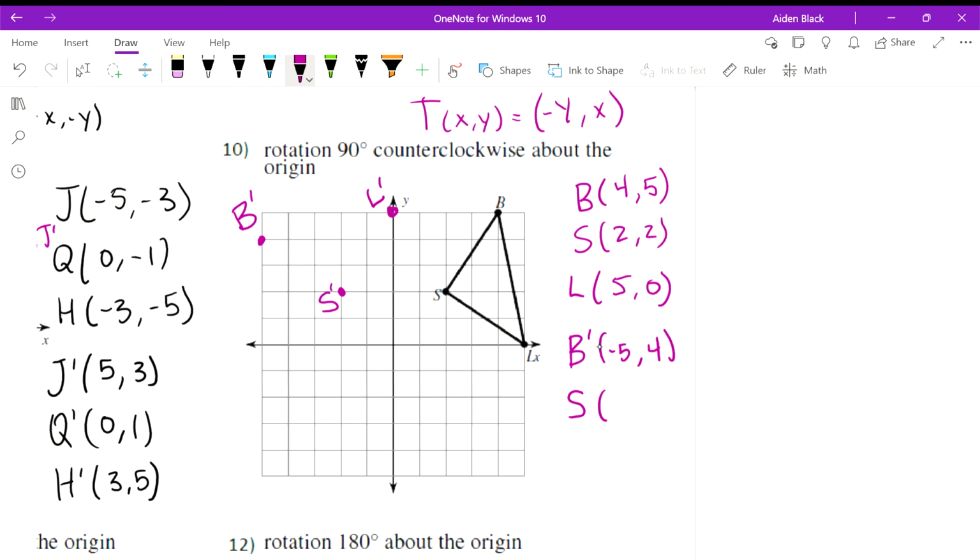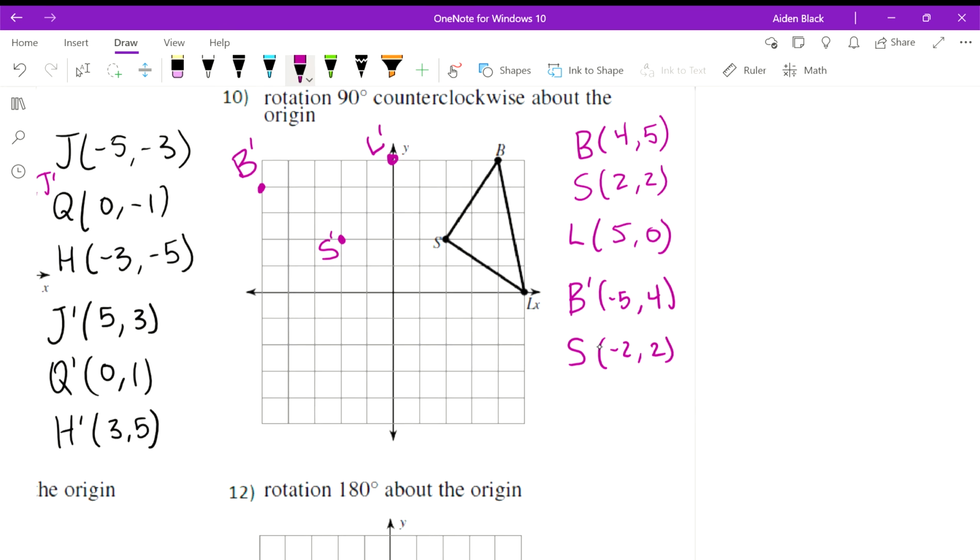S, so change 2 to negative 2, put it in the x place, negative 2, comma, and then switch the x with the y, negative 2, 2, and then L, negative 0 is just 0, and then we go up 5. And those are the coordinates for our 90-degree rotation of triangle BSL.